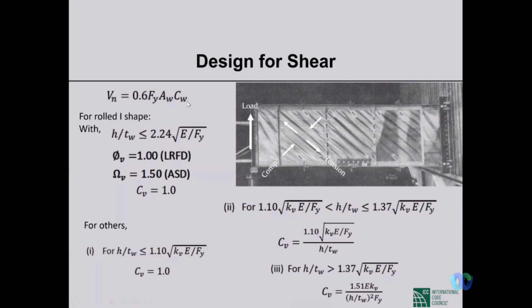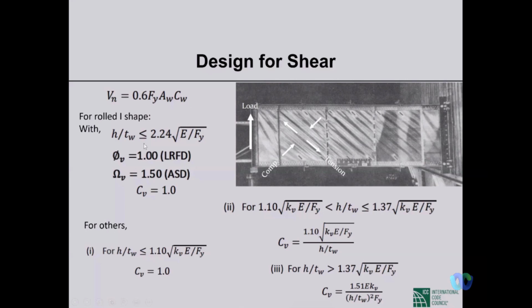That factor actually means at what percentage of this yield force the member will buckle. So that is actually CV for shear.